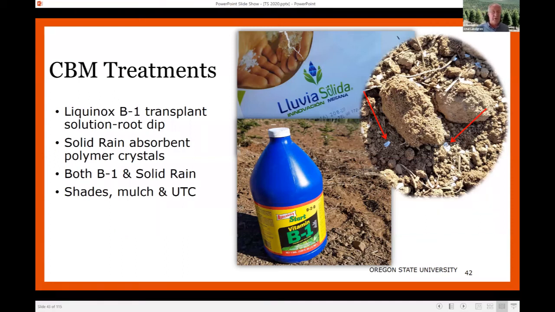We also included a product they were using called Solid Rain, a polymer crystal that was injected at the tree root area by a device on the back of their planting machine. So we had B1, Solid Rain, shade, mulch, and an untreated check at the CBM site.